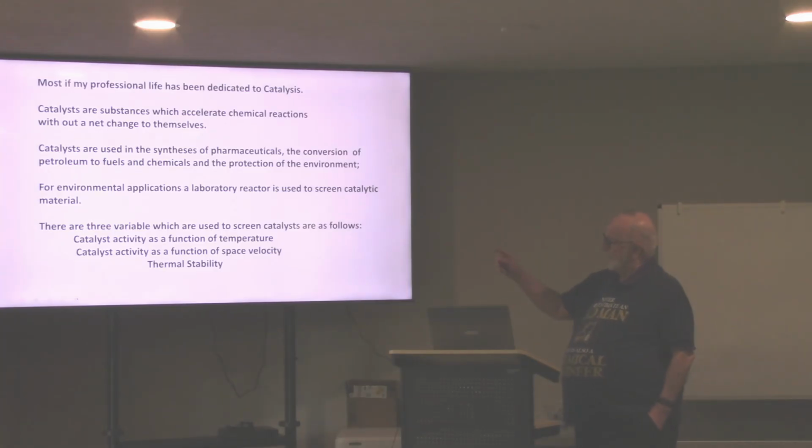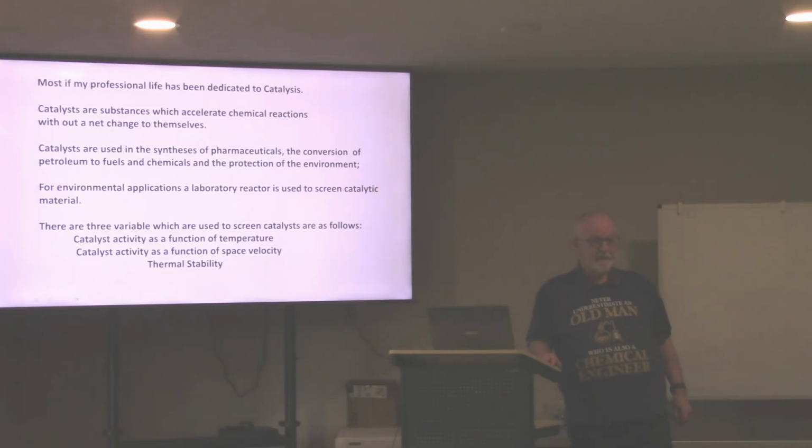One is the catalyst activity at different temperatures, and the other one, space velocity, is described as a kind of speed. You take the unit volume of catalyst that you're using, divide by the rate, and that will give you a number which every catalyst can be compared to.